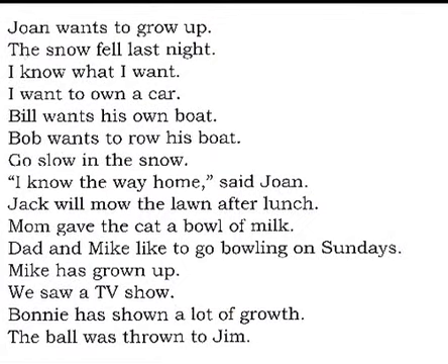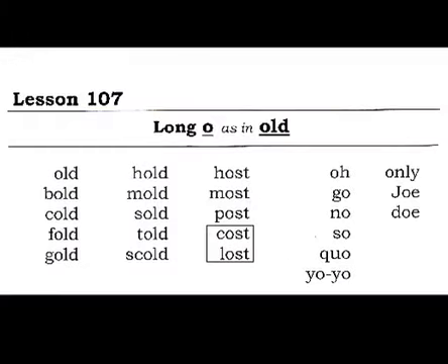Now, in Lesson 107, we have another way of writing long O, just O by itself, as in such words as old, gold, bold, told, sold, or no, so. And you have your few exceptions also in that family. You have C-O-S-T, which is not coast, it's cost.